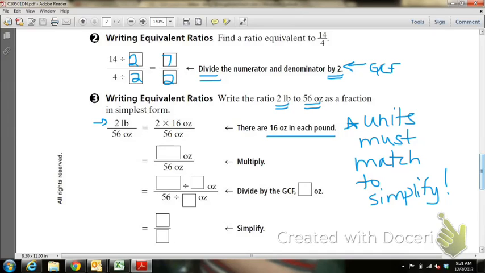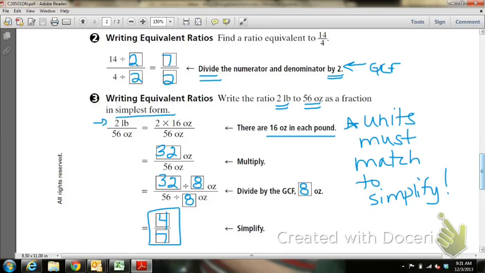So 2 pounds is really 32 ounces. Now I can reduce 32 and 56. What's the greatest number that goes into both of those? It would be 8. So I'm going to divide both by 8. 32 divided by 8 is 4, and 56 divided by 8 is 7. So my simplest form answer is 4/7.